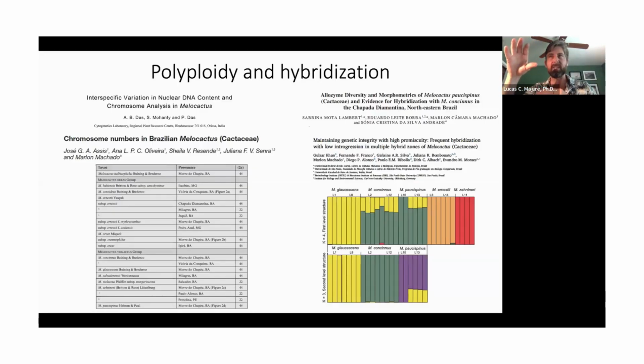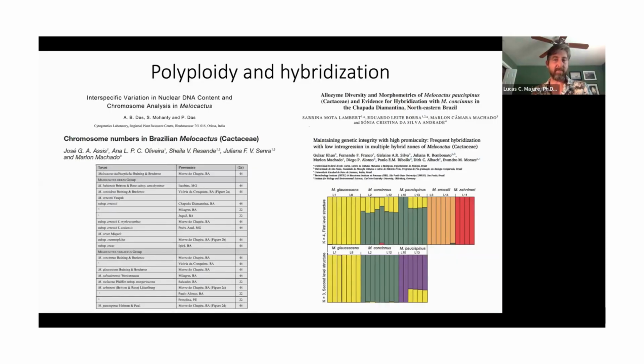Why that's important is because oftentimes when you have duplicated chromosomes, it shows that there could have been hybridization in the history of that species, right? If we look at some of these Brazilian species, Melocactus bahiensis, conoideus, ernestii, they have that duplicated genome.